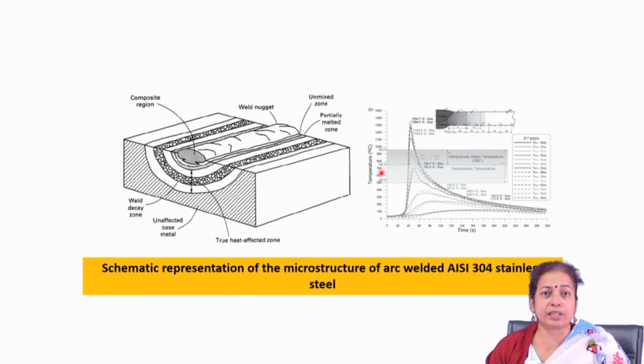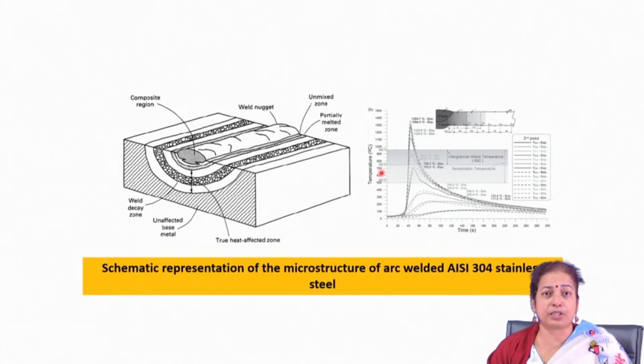The other way of getting rid of this problem is by addition of some microalloying elements like columbium and titanium. Those elements are very prone to form carbides, and their free energy of formation of carbide is much lower than that of chromium carbide. When this particular steel is used, there is no possibility of chromium carbide precipitation, because columbium carbide and titanium carbide remain in the matrix.